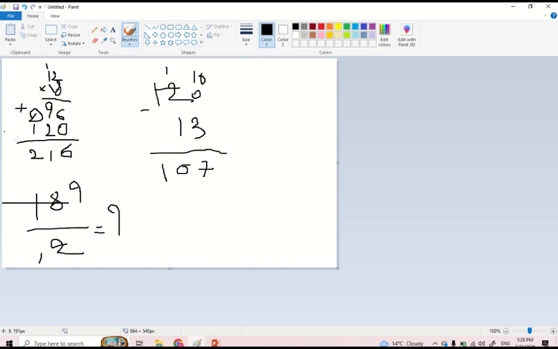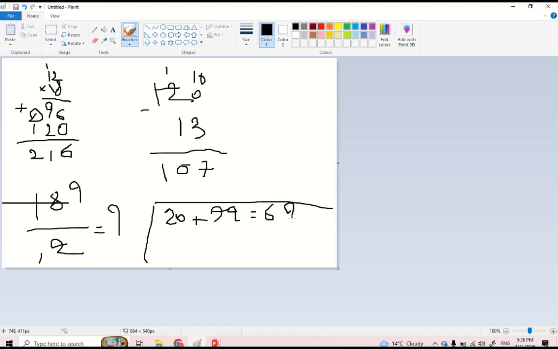So these are the problems. Now let's do one problem for the properties as well. For example, 20 plus 49 equals 69, doesn't it?